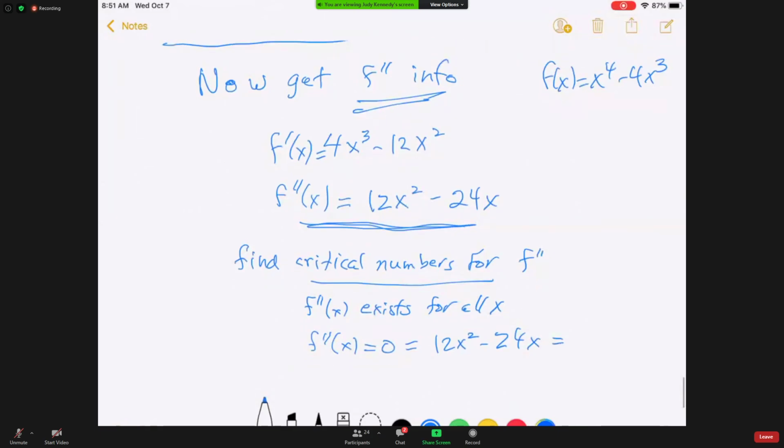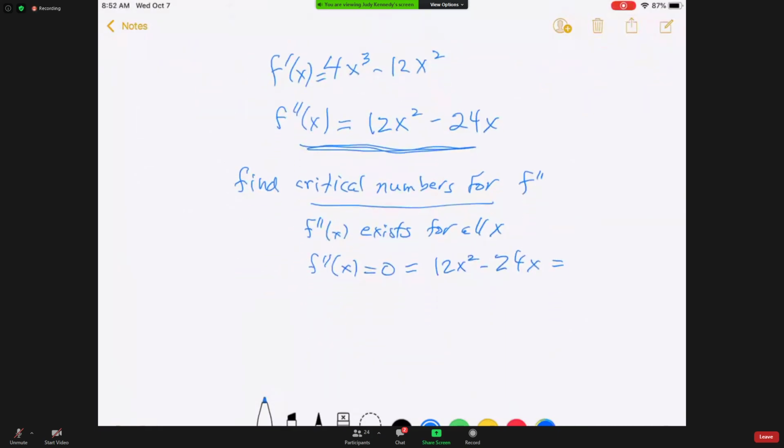And again, it really helps if you factor. I can factor out a 12x times x minus 2. Saying something's equal to 0 is easier if you factor it. If you're taking the derivative, it's easier if you don't factor it.